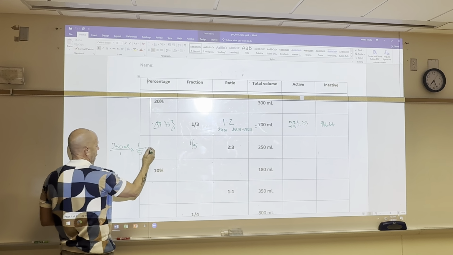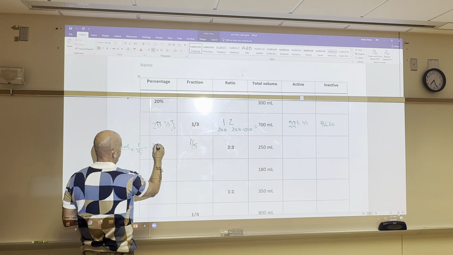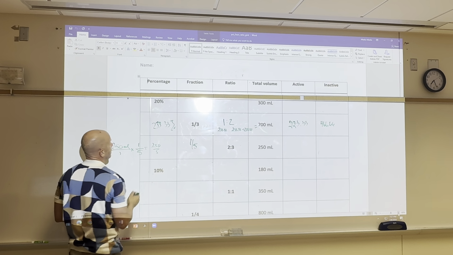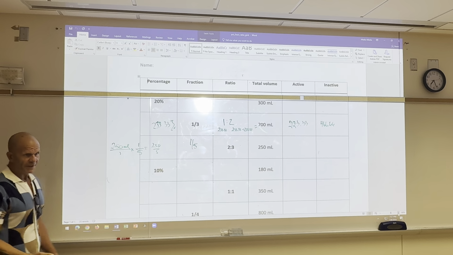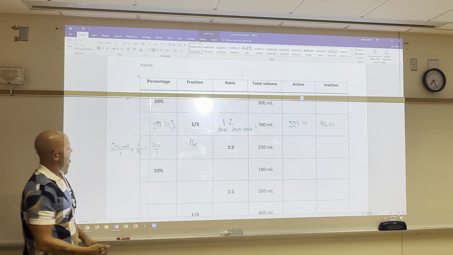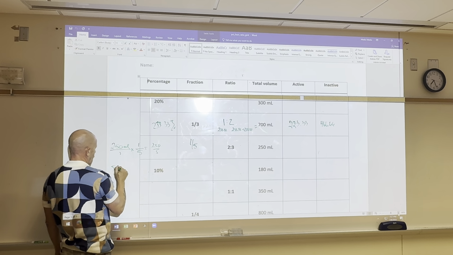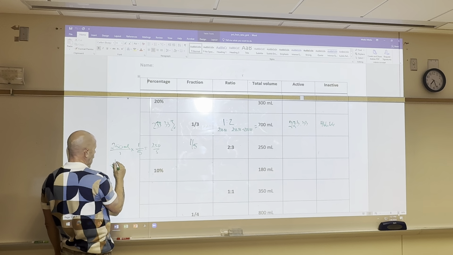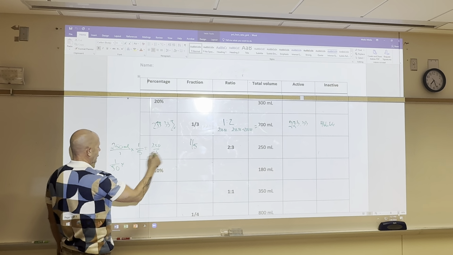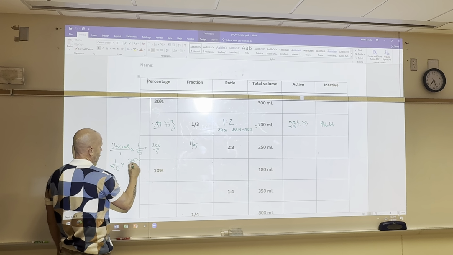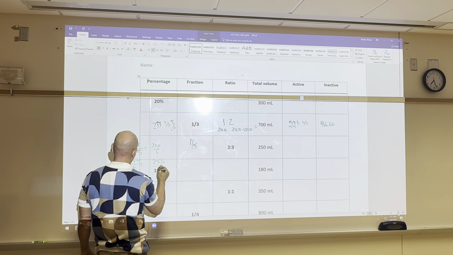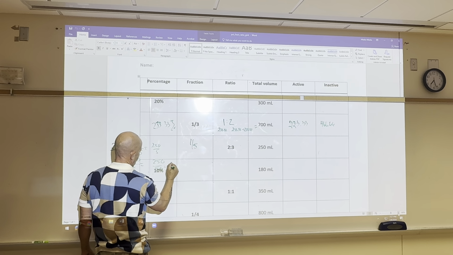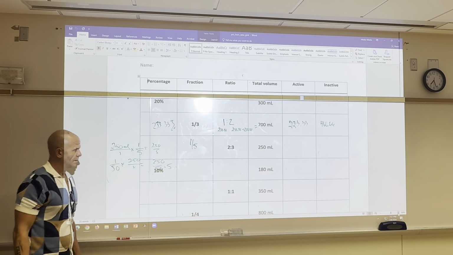What do you get? 250 divided by 5 is 50. Now, if we know 1 part is 50, we take that times the parts. 250 divided by 5, or 50, is what? 5, right?